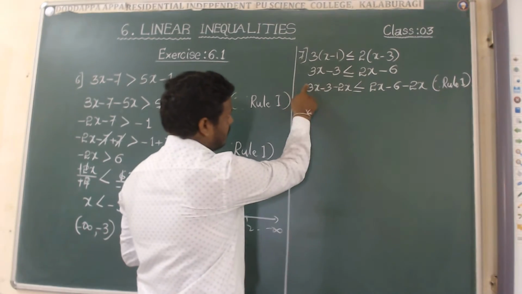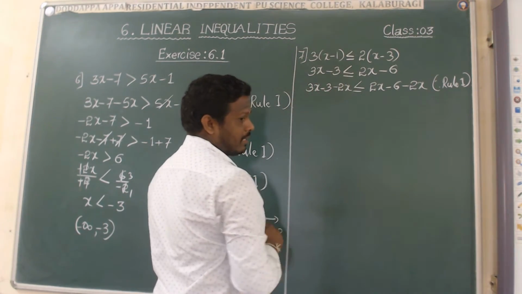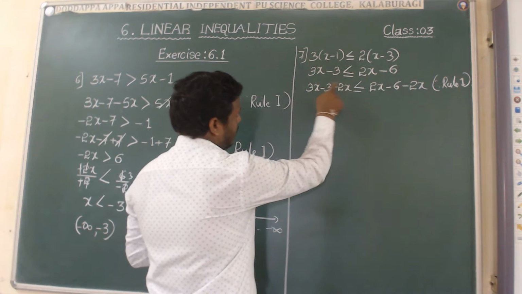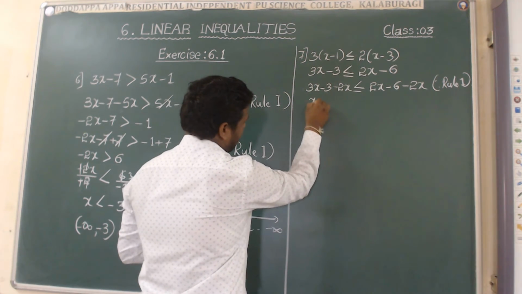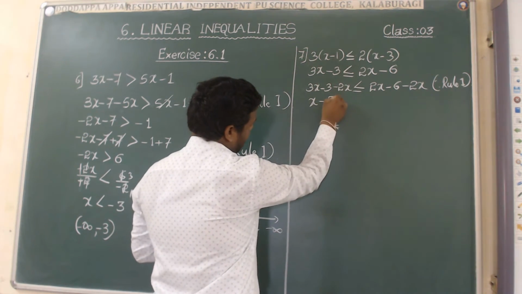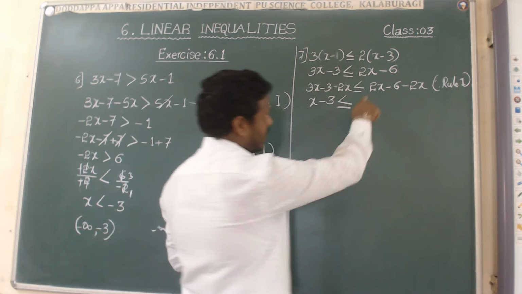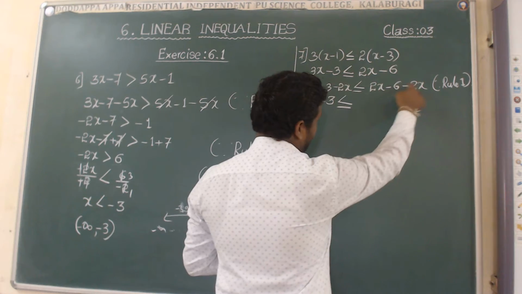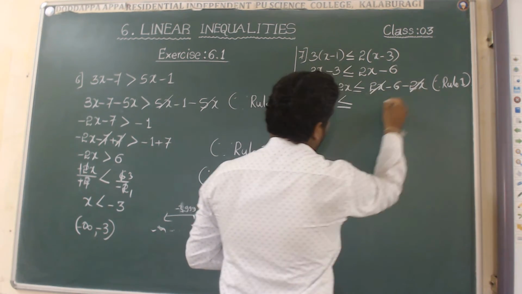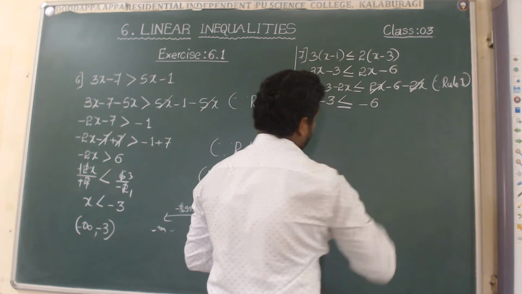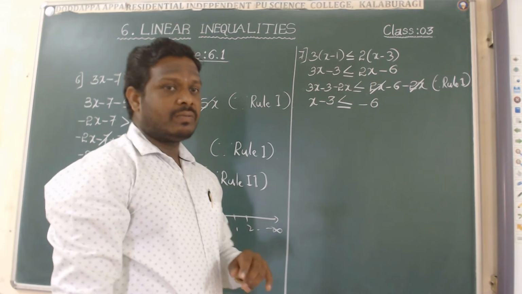Okay. I simplify this one. 3x and minus 2x are like terms, so x remains here, minus 3 left as it is. Write the symbol as it is, less than or equal to, and again 2x minus 2x becomes 0, leaving minus 6. I hope that all of you are getting this one.